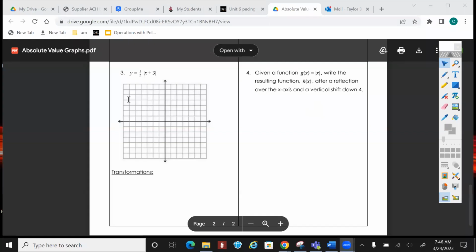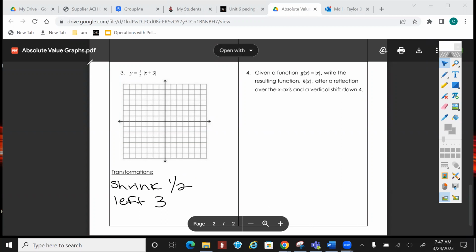All right, let's talk through number 3. We've got 1/2 out front. So that's going to be a shrink of 1/2. We got a 3 on the inside. Remember, that's opposite of the sign, so that's going to be left 3.